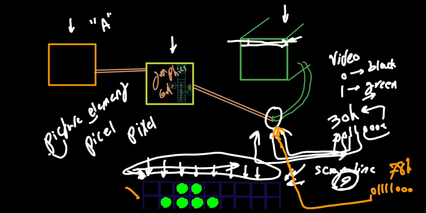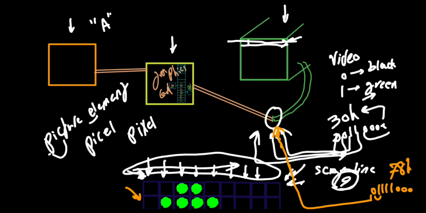Therefore, black would be shown on the first pixel of the second scan line. Next 1, therefore green would be shown on the second pixel of the second scan line. The next is 1, therefore green. Again we have 1, green, and 1, green, and the next 3 obviously would be zeros, therefore you would have black. Let me also remove these rows.